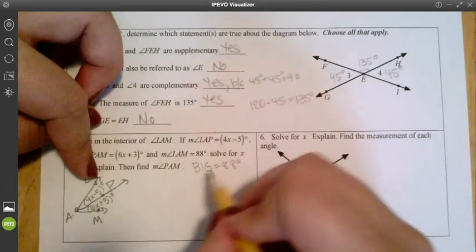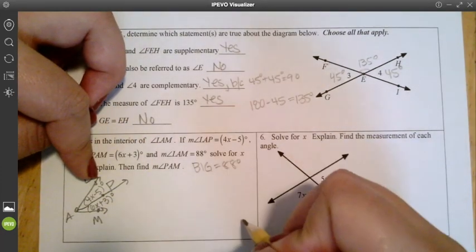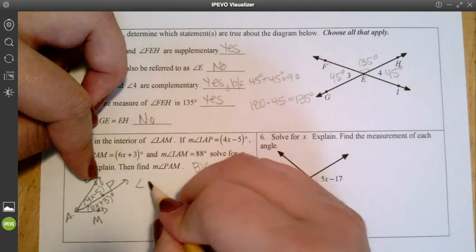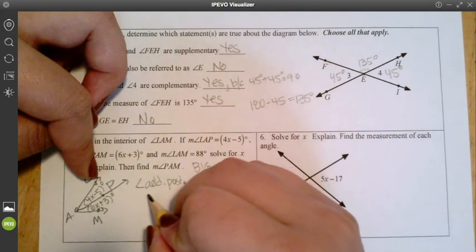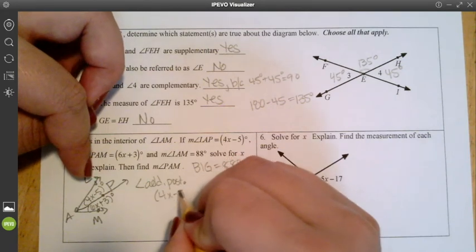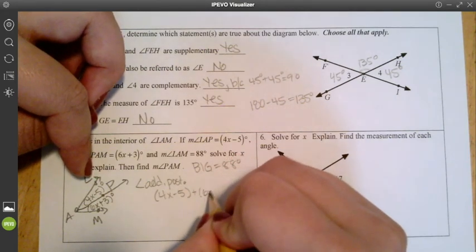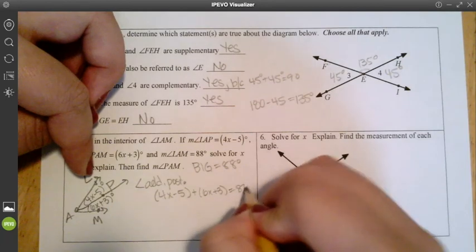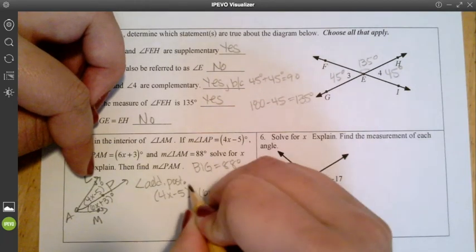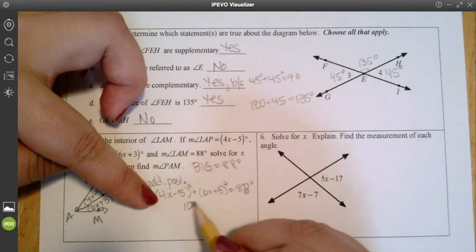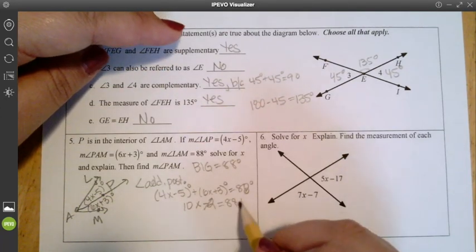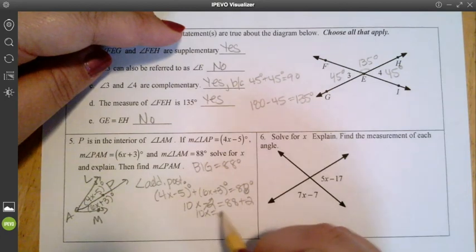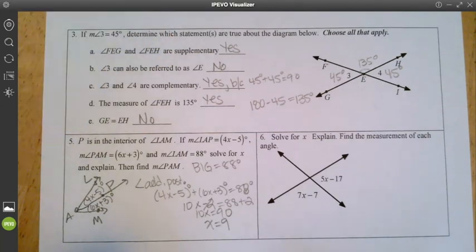So first thing I'm going to do, I have two adjacent angles and the big angle measurement, so I'm going to use the angle addition postulate to say 4x minus 5 plus 6x plus 3 equals 88. 6 and 4 is 10x, minus 5 plus 3 is minus 2, equals 88. Plus 2, 10x is 90, divided by 10, x is 9.